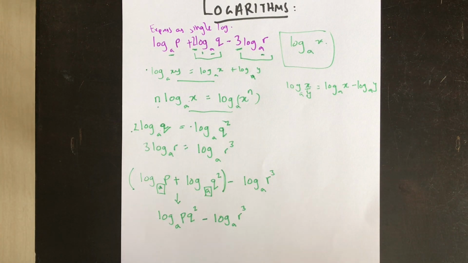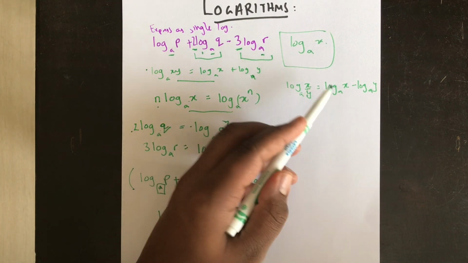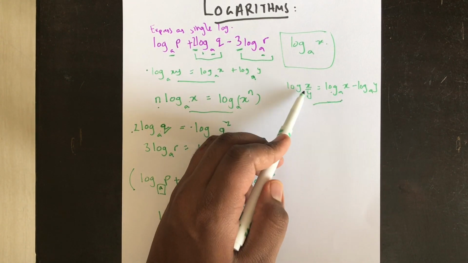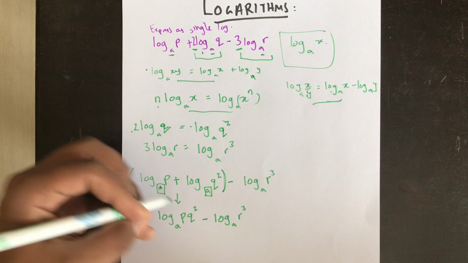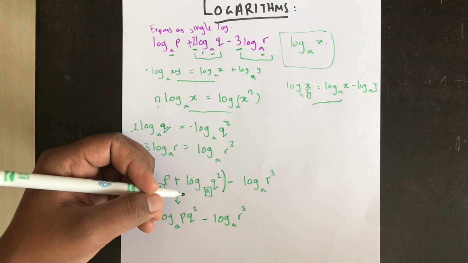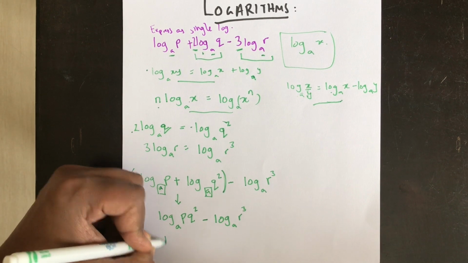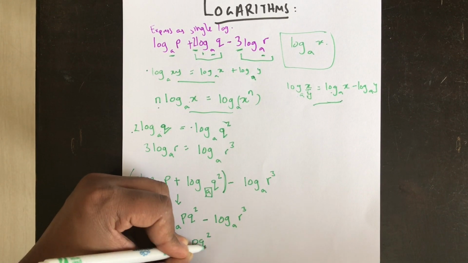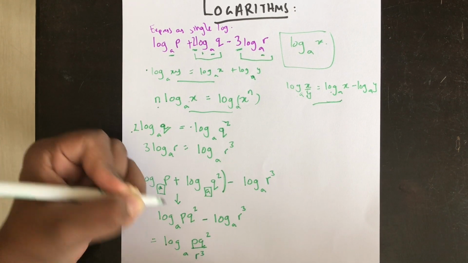What will I do from here? I also know this rule: log x base a minus log y base a is equal to log x over y base a. So I have a minus sign. That's why I'm using this rule. So this is equal to log pq squared divided by r cubed base a.